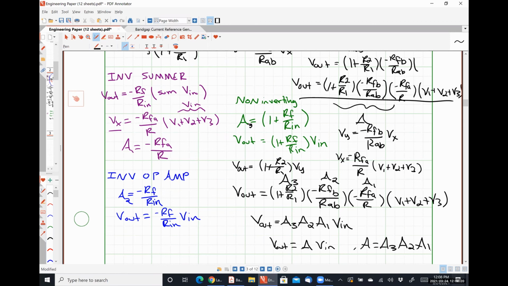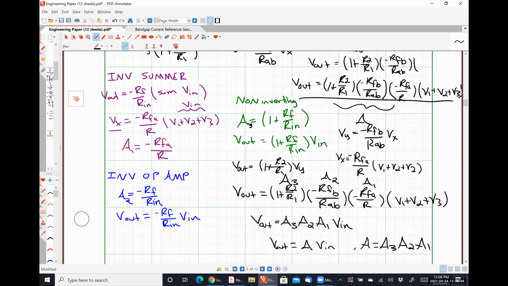If we can easily identify the stages and say, all right, this is just an inverting op amp chained into a non-inverting op amp chained into a summer or a differentiator or an integrator or whatever, it becomes trivial because we know what all of those stage-to-stage input-output relationships are, and then we can literally just multiply things together.